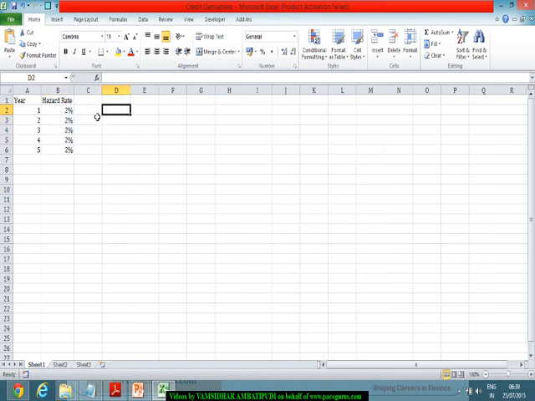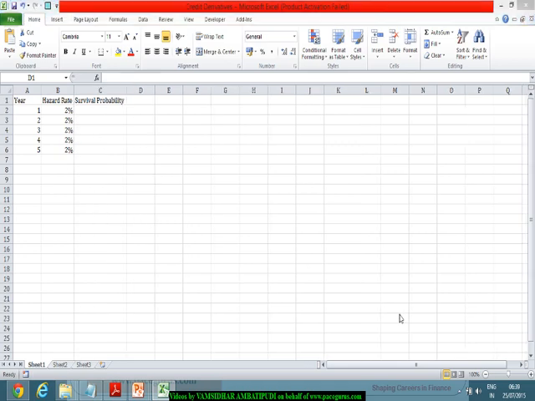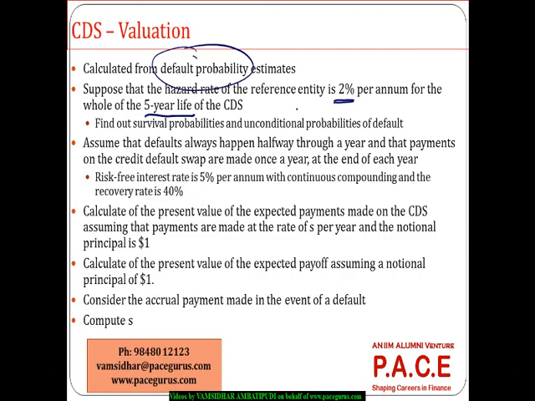Based on the hazard rate, I can find out the survival probability. What is the formula for the survival probability? I can take it as e to the power of minus lambda t, where lambda is nothing but my hazard rate.